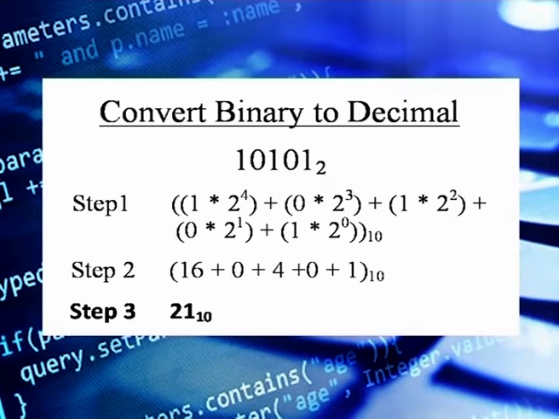Here in step 1 we have 1 into 2 raised to power 4 plus 0 into 2 raised to power 3 plus 1 into 2 raised to power 2 plus 0 into 2 raised to power 1 plus 1 into 2 raised to power 0, which is equal to 16 plus 0 plus 4 plus 0 plus 1, which is equal to 21.